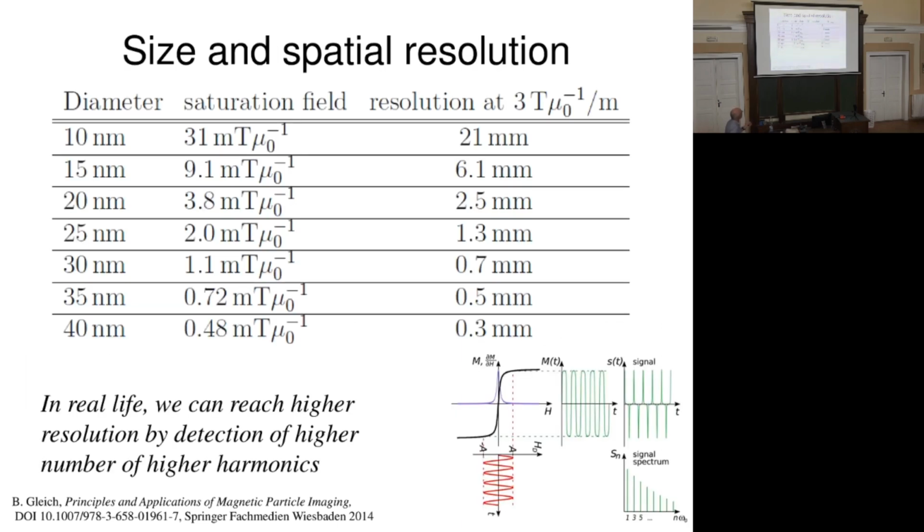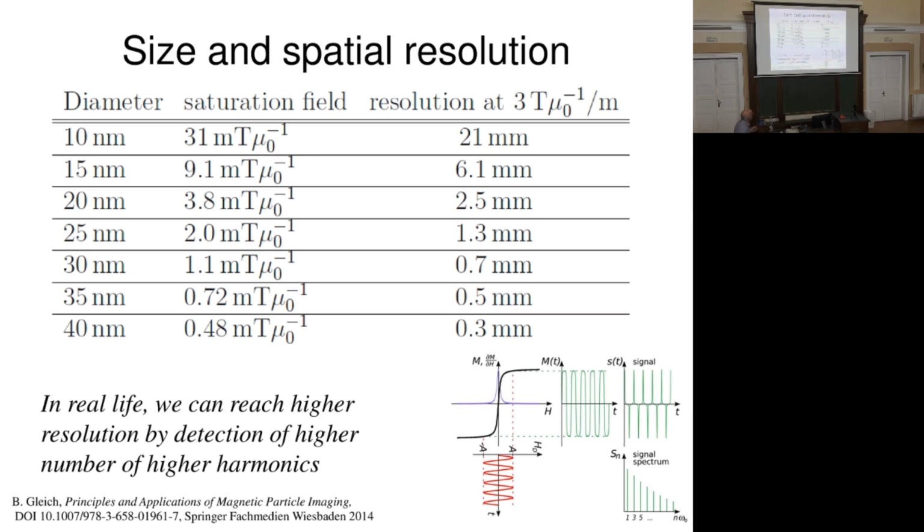In this book was published this interesting table. This is the diameter of the particles, or of the cores of particles, saturation field, and resolution. It looks horrible because these are really big nanoparticles which we really need for imaging, but this is a theoretical value.